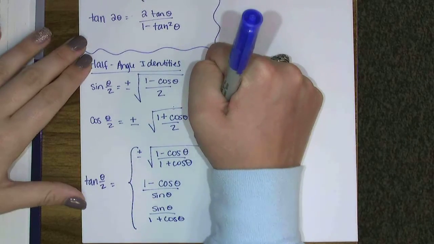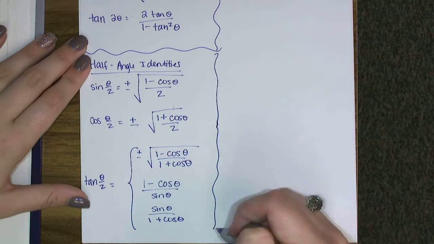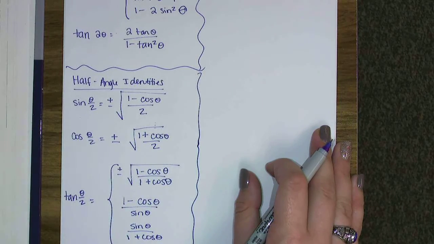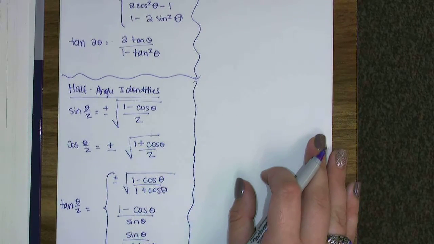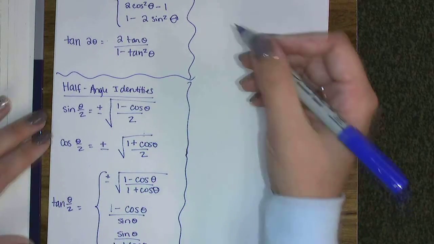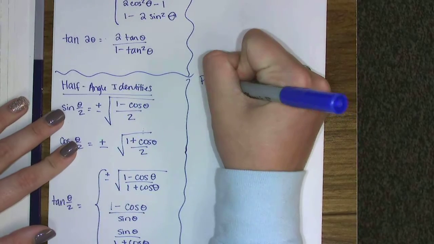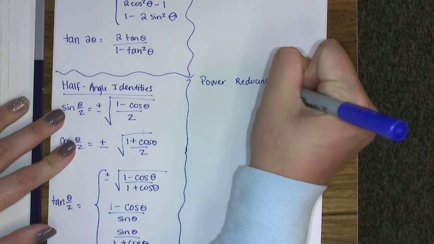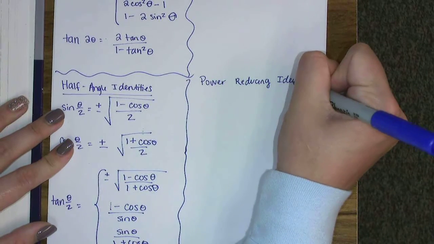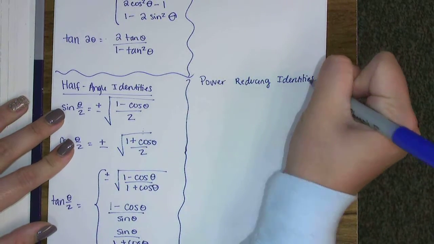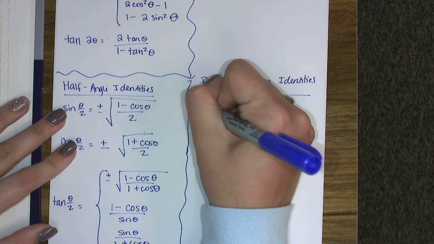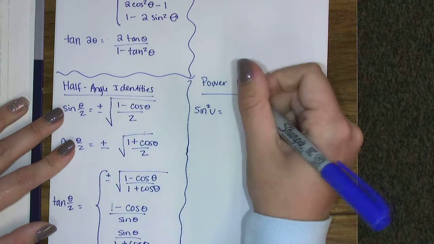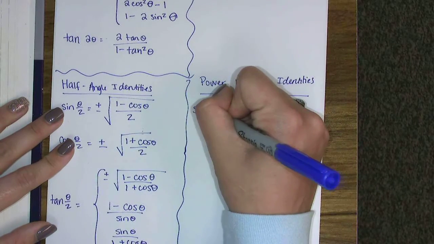And then the last type that we have are the power-reducing identities. These are ways to rewrite things that are squared. Sine squared of theta is 1 minus cosine of 2 theta, all over 2.